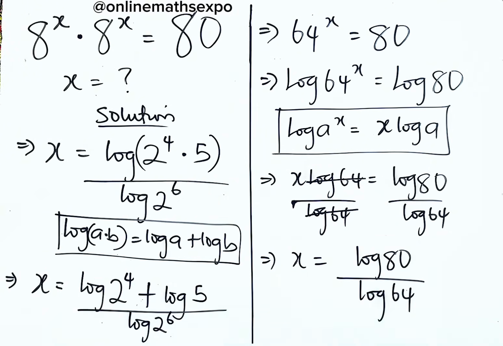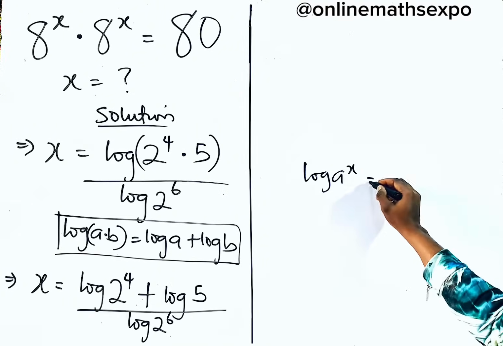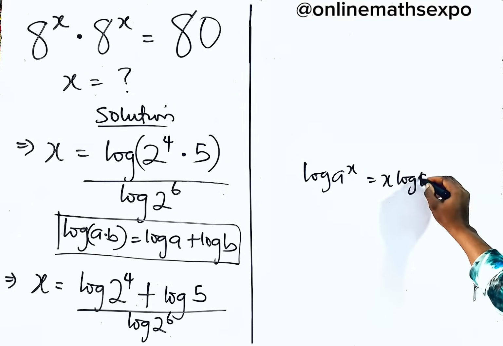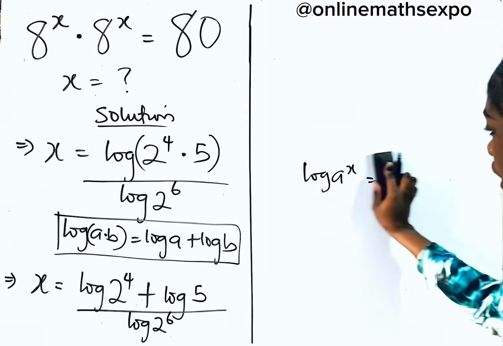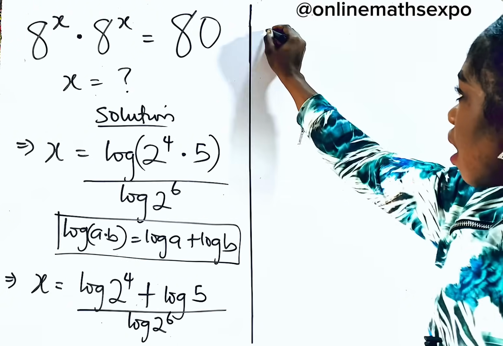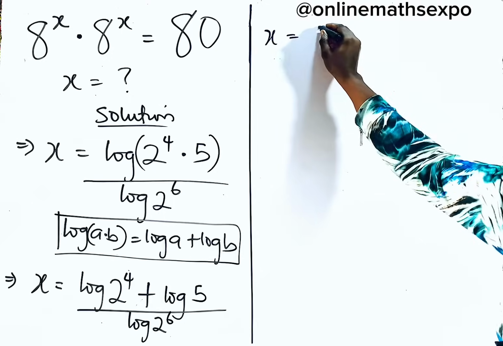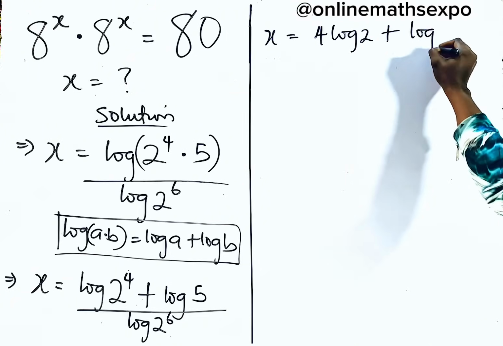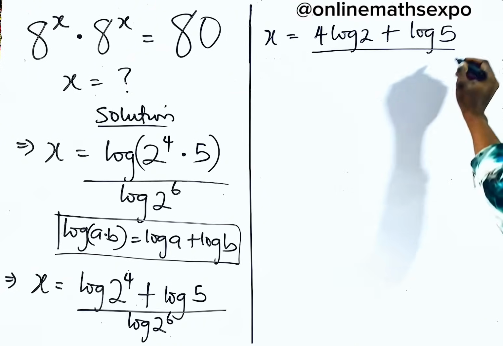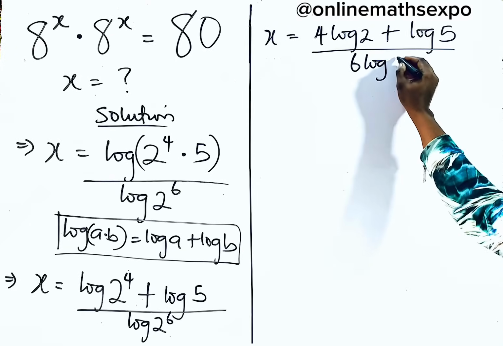Keep solving. Also remember we said earlier that for every log of a to the power of x is x log a. Okay. So we're going to use it on this. So if you do that, we are going to have x is equal to, this will multiply the log. So we have 4 log 2 plus log of 5 divided by, this will multiply, so we have 6 log 2.